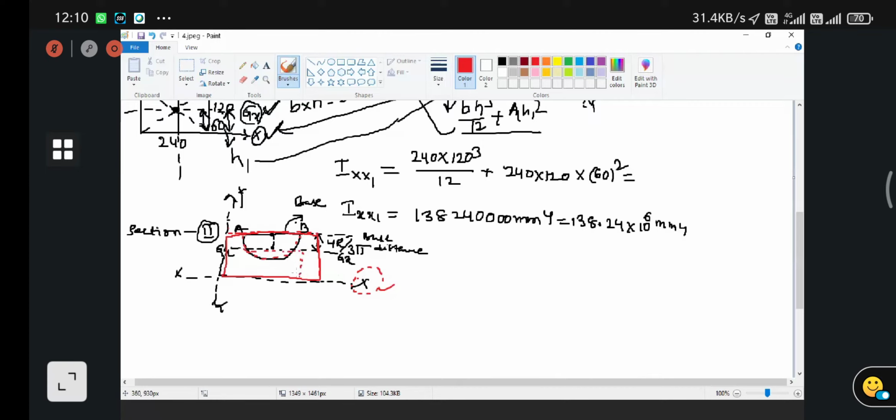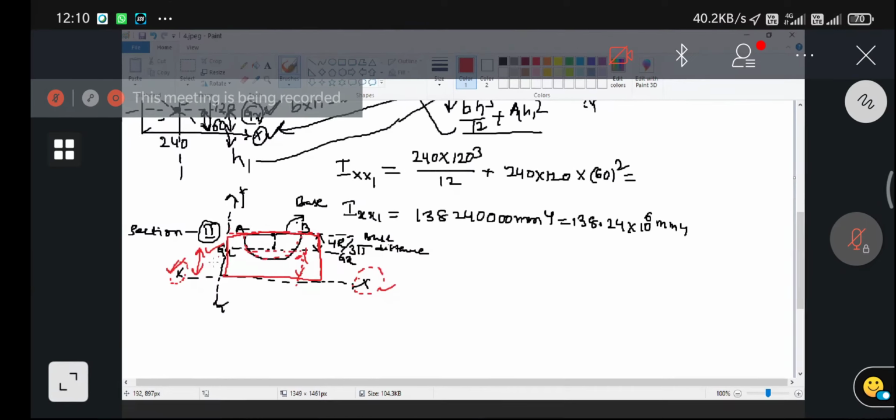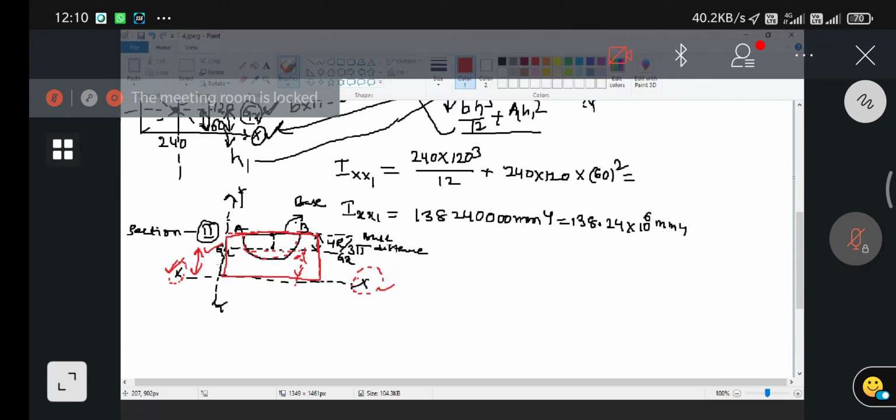So first of all, in order to find the moment of inertia about this x axis, I don't know the value of the perpendicular distance between these two parallel axes, the Gx of the centroidal semicircular axis and the base axis.